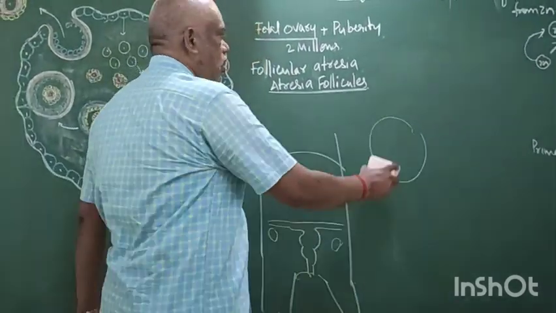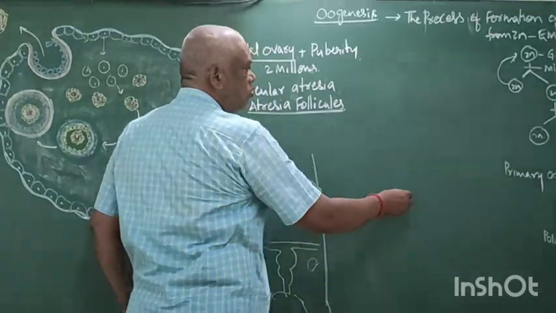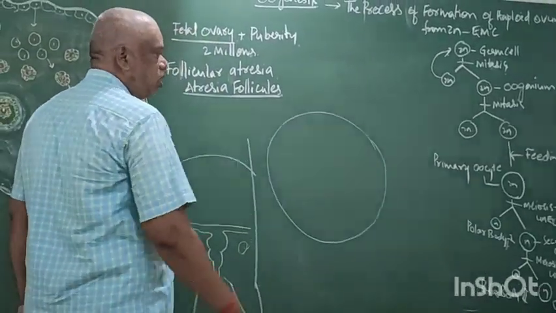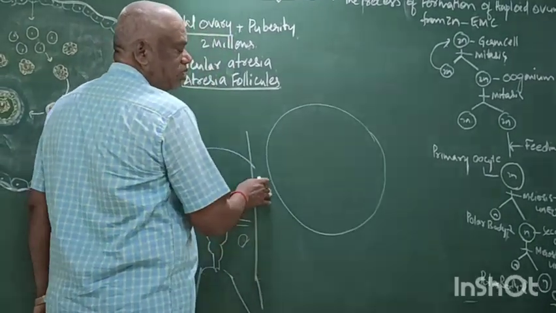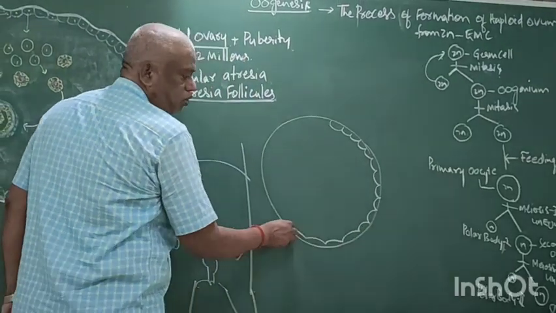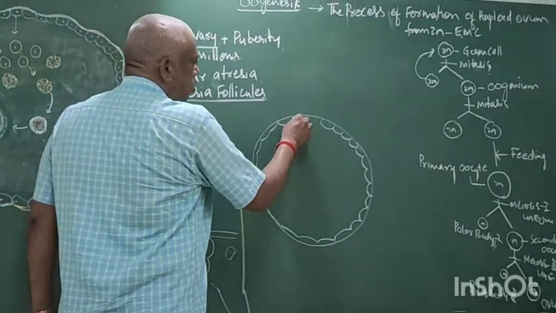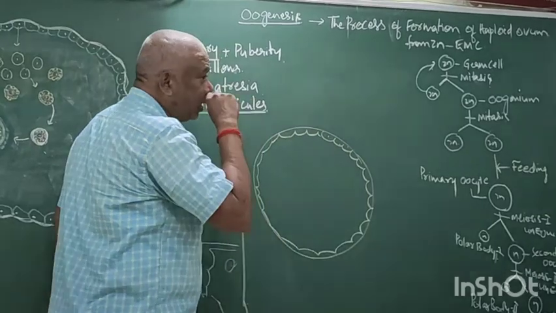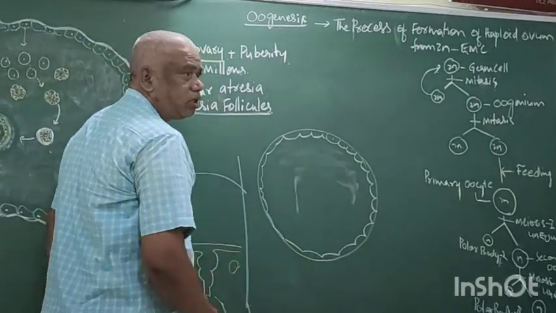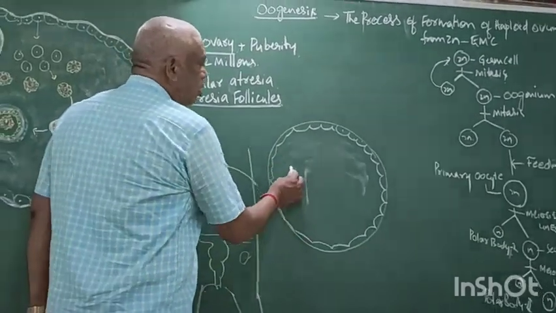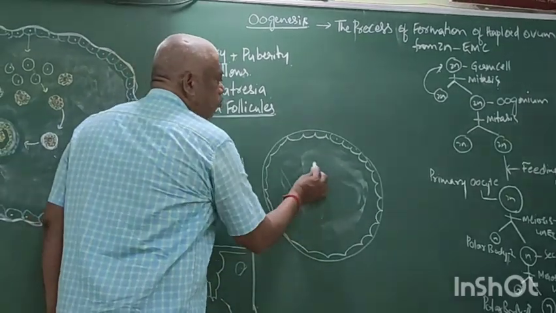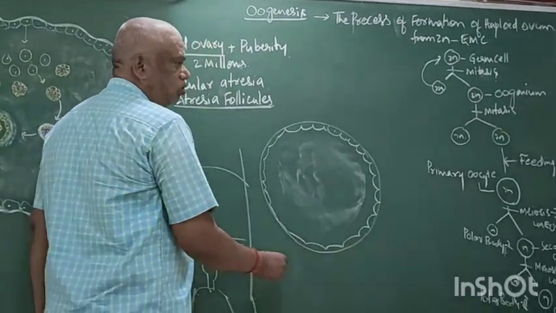Now, when you take a large view of the ovary, the surface of the ovary is called the germinal epithelium. The remaining internal part has connective tissue, fluid connective tissue, not blood.